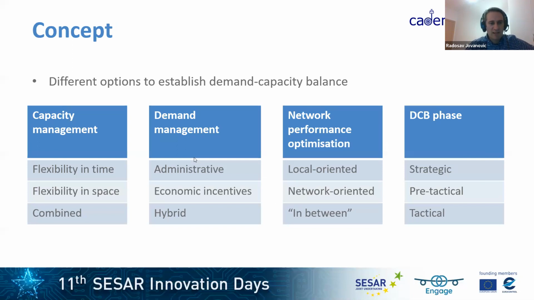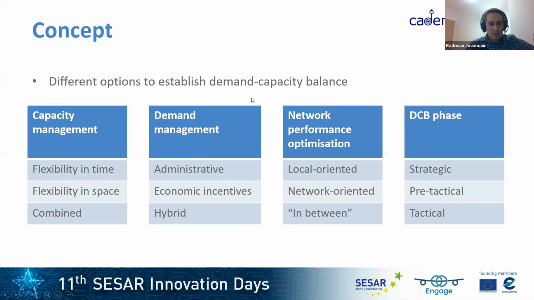This can be more or less flexible or rigid, and it could be more or less good compared to the demand profile, which is actually one of the big problems. Flexibility in space actually means providing capacity where needed, and there's of course an option to combine the two. And in terms of demand management, there are administrative measures, economic measures, and the mix of those two, so hybrid ones.